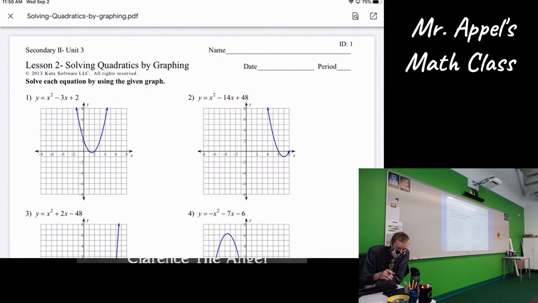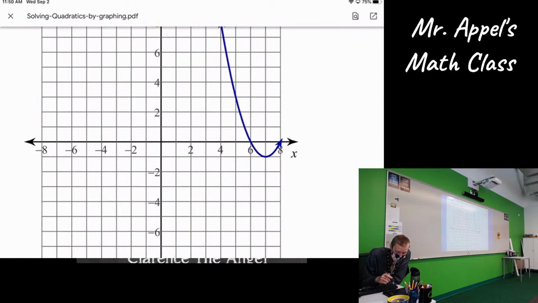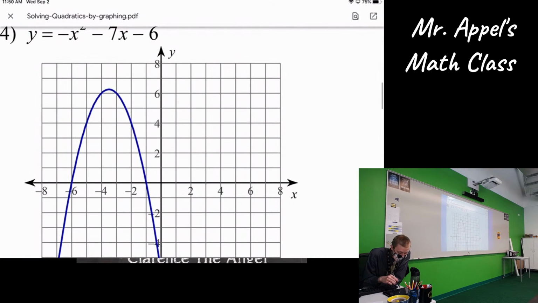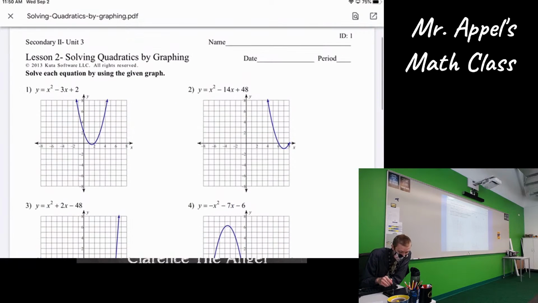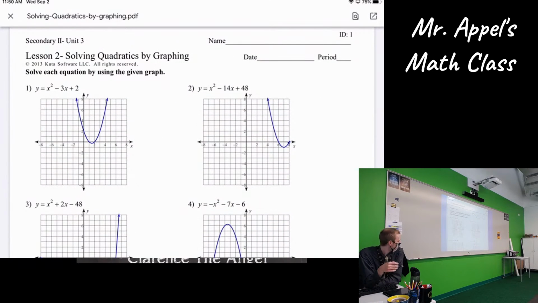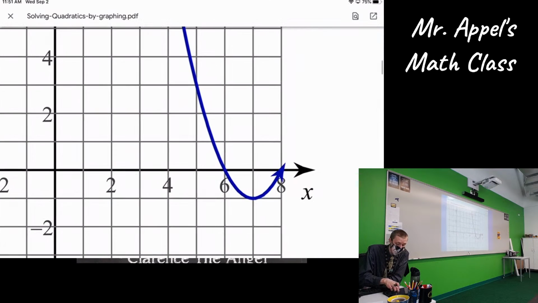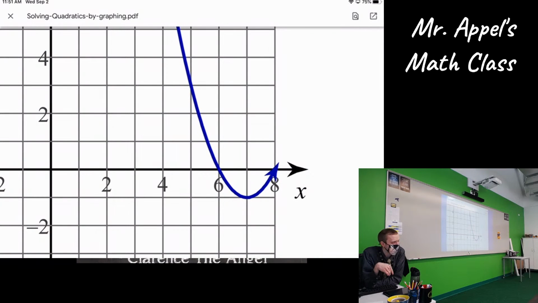Understand that they may or may not be that precise. These ones look pretty okay. In general, if it looks like it goes through the grid point, it goes through the grid point. Don't be like, oh, what if it's like 6.01? It looks like it's 6, it's a 6. Okay?